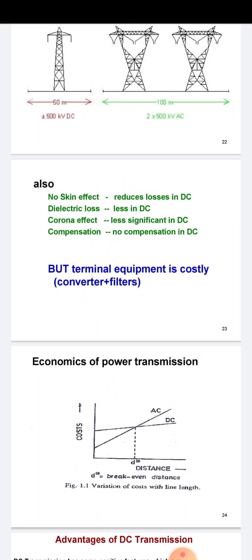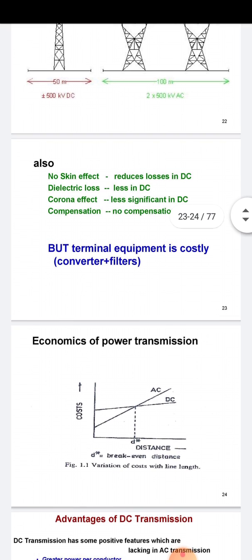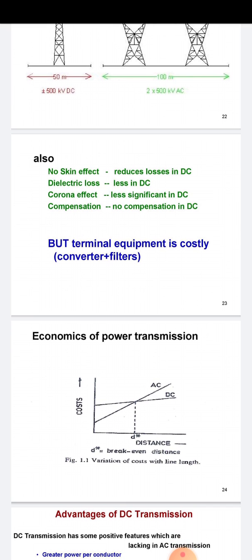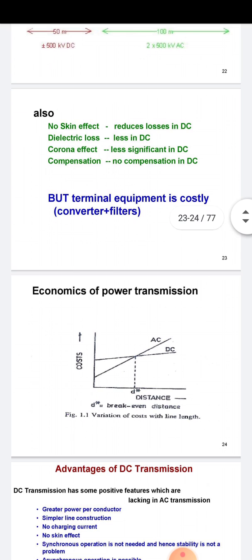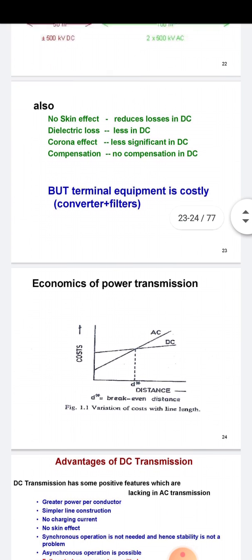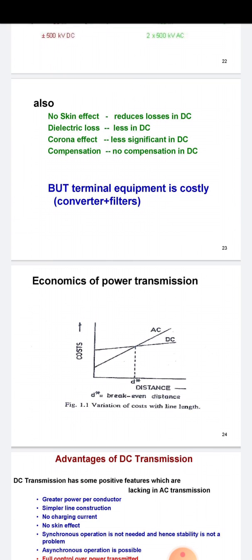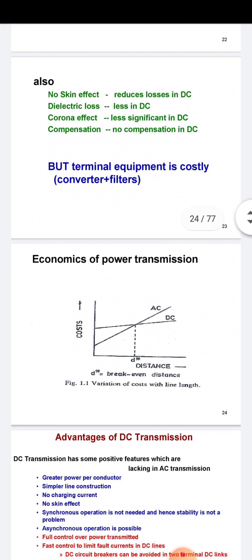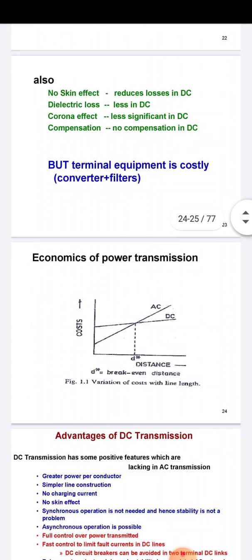Dielectric losses also reduce, the corona effect is reduced, and compensation losses are reduced in DC. But the terminal equipment is costly because two converters and filters are required across the HVDC transmission line. So cost wise, it is huge.